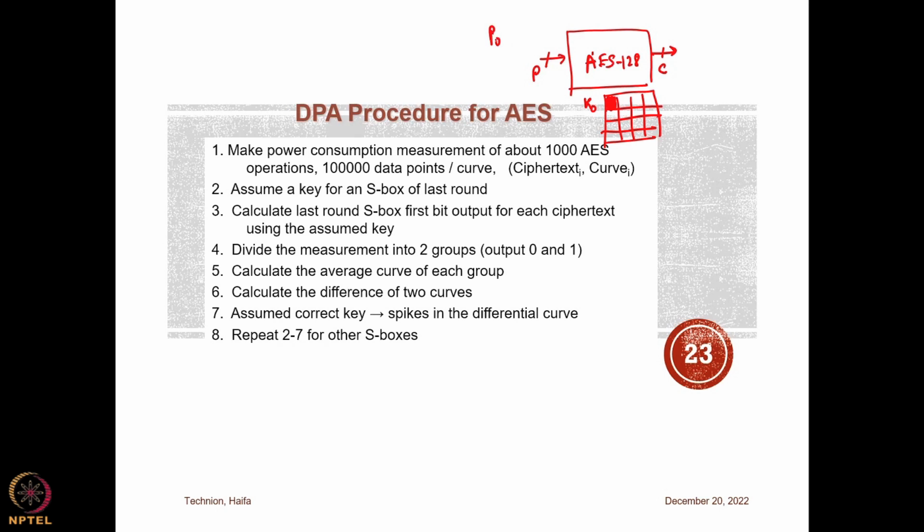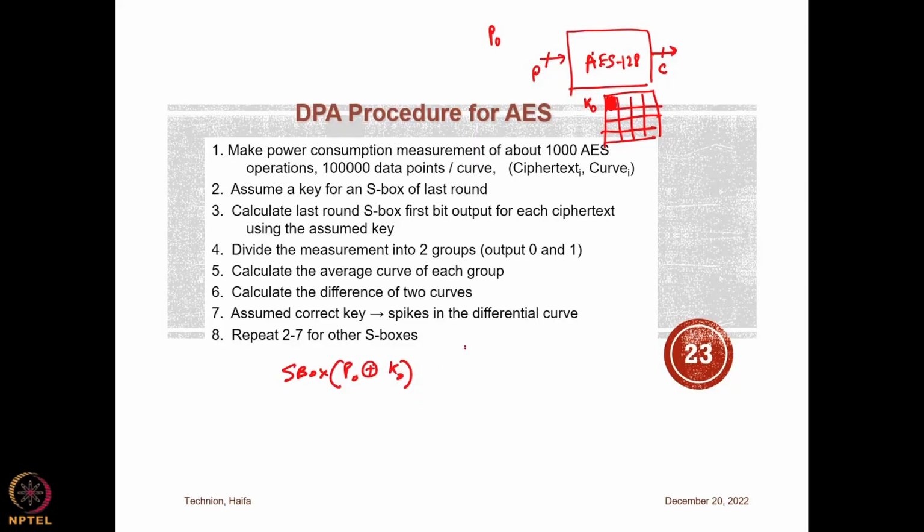If you observe the encryption, the first thing that you do is S box applied on P0 XORed with K0, because P0 gets XORed with K0 and then we apply the S box. And then you have an 8-bit value. Likewise, there are other bytes also, but I'm interested to know this particular byte.